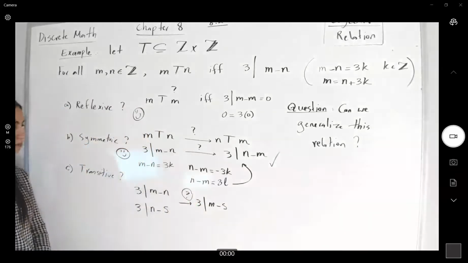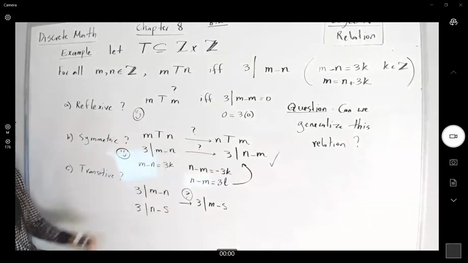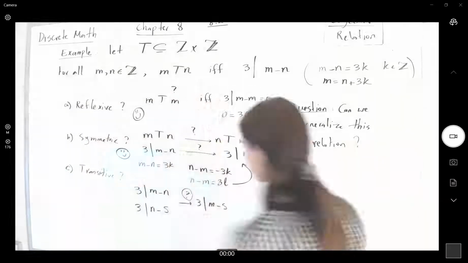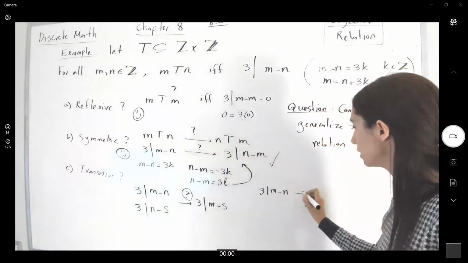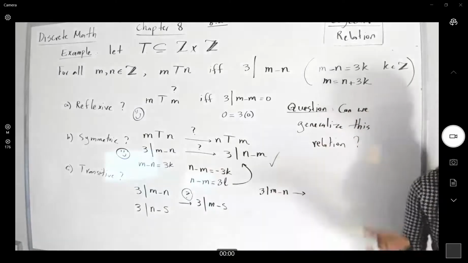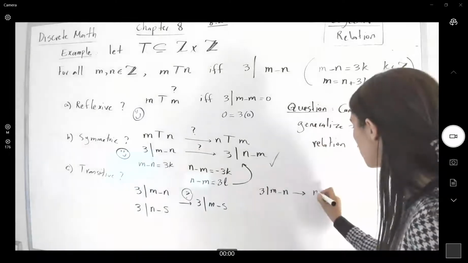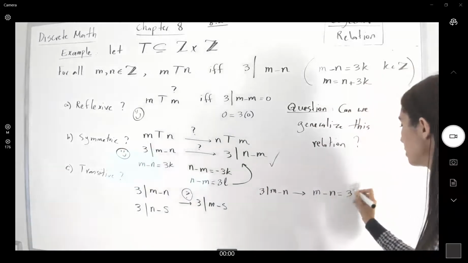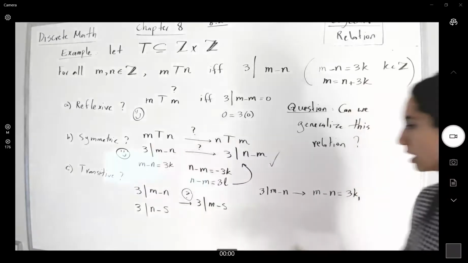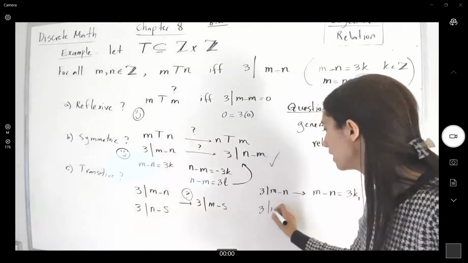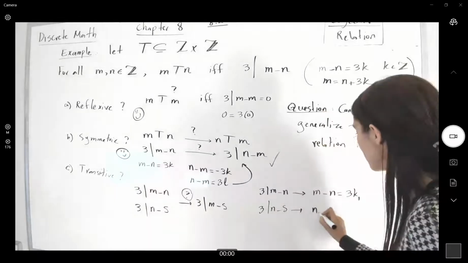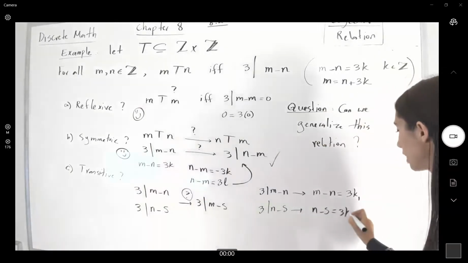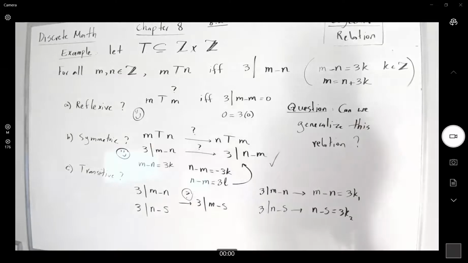Well, let us follow the definition. 3 divides M minus N means that there is an integer K1 such that M minus N is 3K1. 3 divides N minus S means that N minus S is equal to 3K2. Now add these.